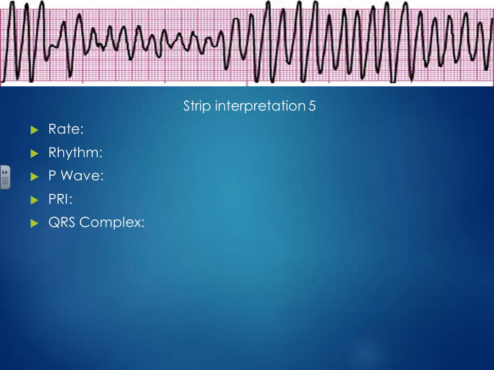It's not organized like you'd like it, but there is some organization. If this was coarse V-fib, it's just going to be whatever it looked like. You're not going to see something that looks like the same thing. What's your treatment for this? Mag.